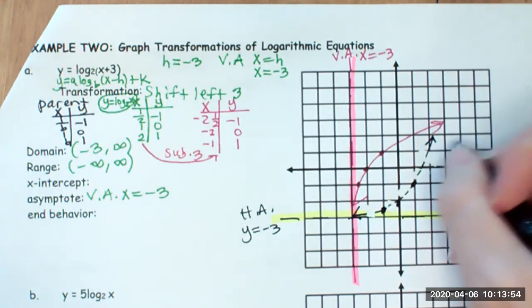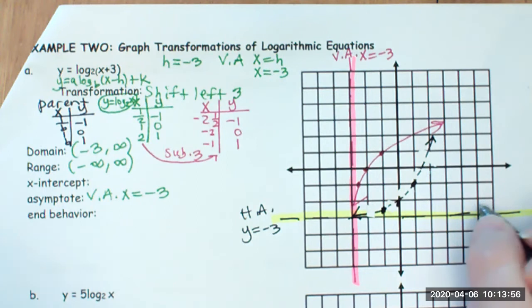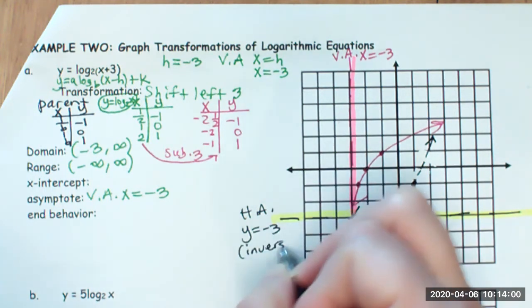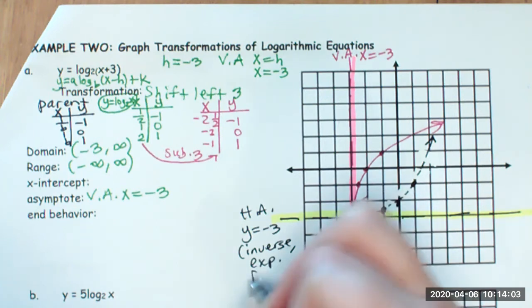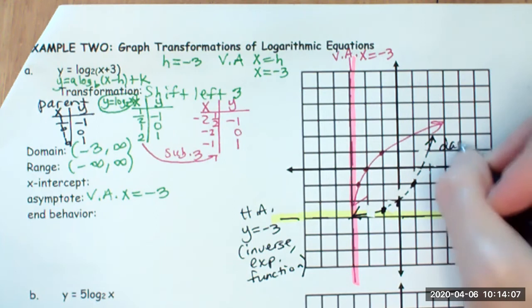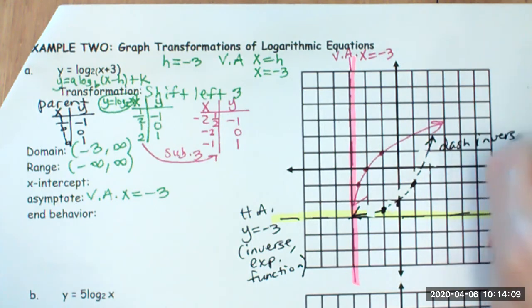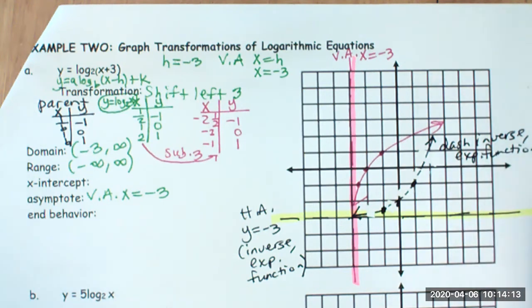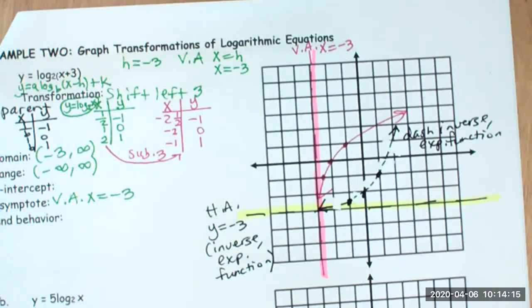So this is the inverse graph. This is the horizontal asymptote for the inverse, which is the exponential function, and that is dashed. So dash the inverse, which is the exponential function, and that's what I'd like you to do on your graphing assignment as well, okay?